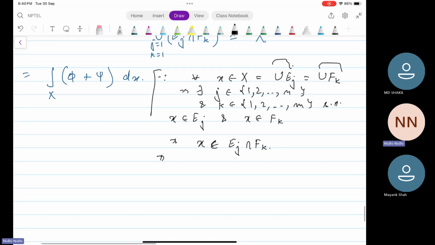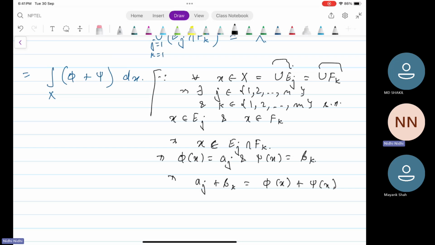So in this case, phi(x) would be aj and xi(x) would be bk. So eventually, aj plus bk would be phi(x) plus xi(x) for x belonging to Ej intersection Fk.